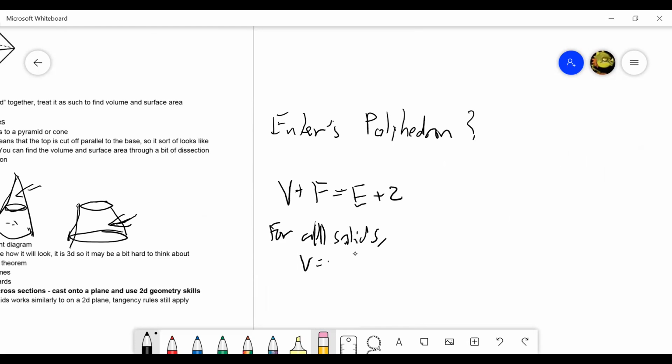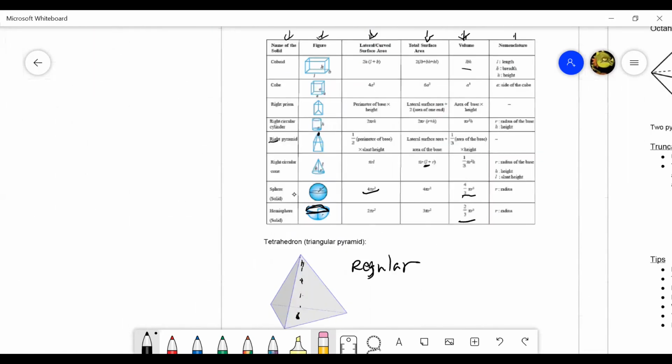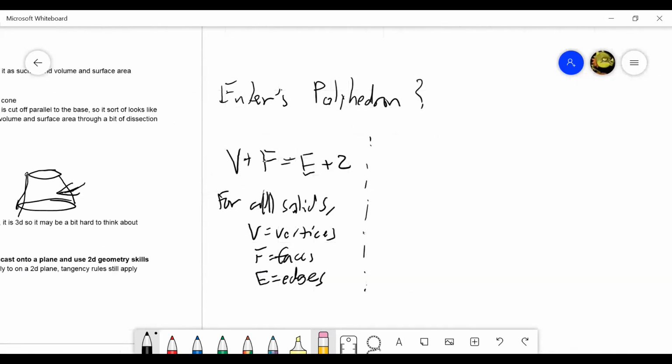And V is vertices, F equals faces, and E equals edges. Again, I can't really show you the proof of this, but you can check this with any of the shapes in this table right here. So for example, a cube has 6 faces, 8 vertices, and 12 edges.